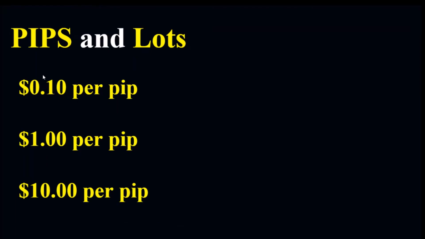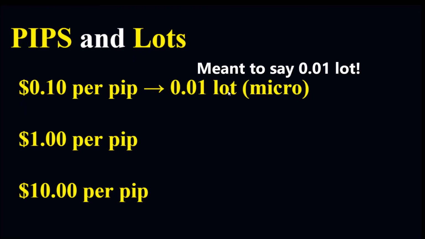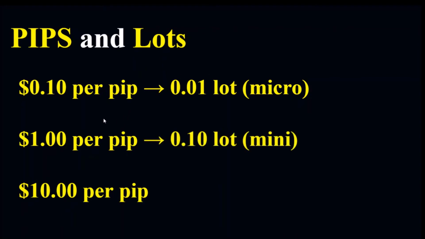So 10 cents per pip corresponds to a 0.01 lot, and that's what you would put in your MT4 if you wanted to use a 10-cent lot size. I'll make a video about the MT4 platform and basically how to execute trades in general, but just know 10 cents per pip corresponds to a 0.01 lot, which is referred to as a micro. $1 per pip corresponds to a 0.1 lot, which is referred to as a mini.